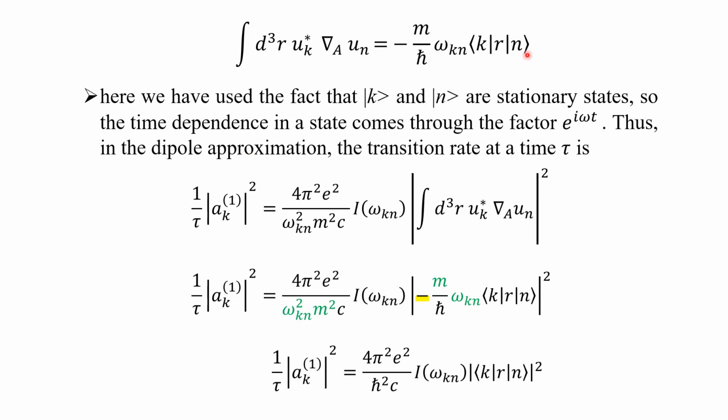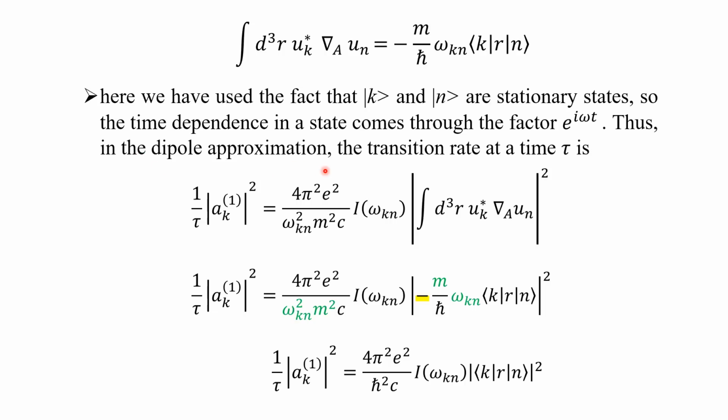Just now we got this expression. Here I would like to highlight one important point: ket k and ket n are stationary states. Hence the time-dependent factor has to come from e power i omega t.